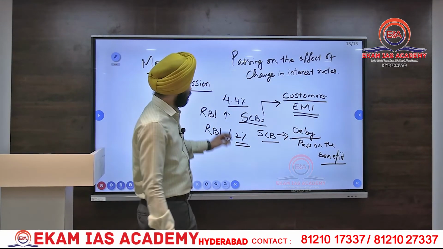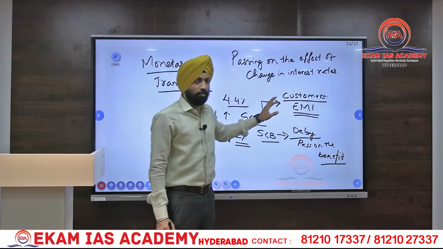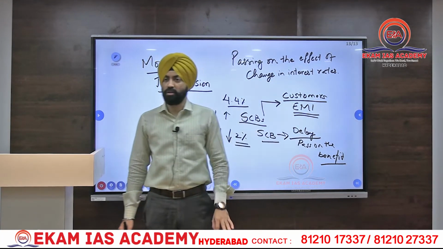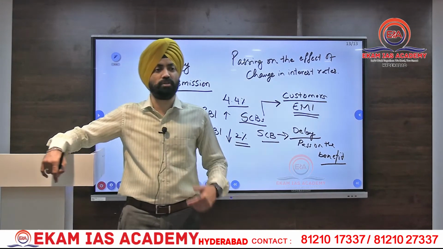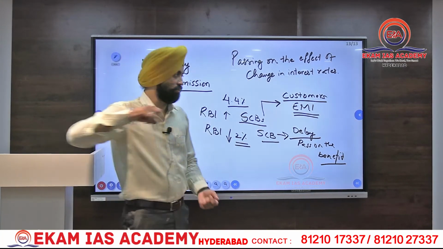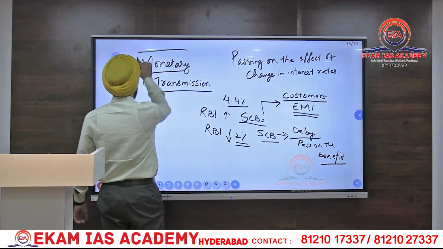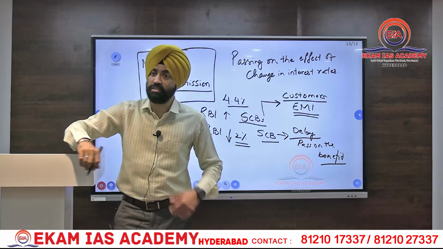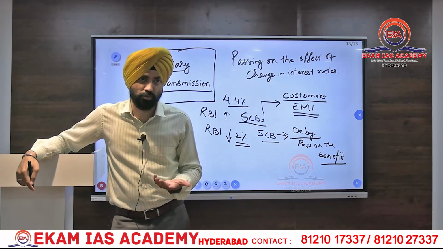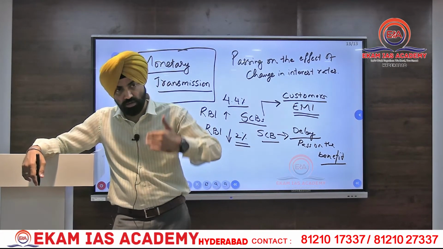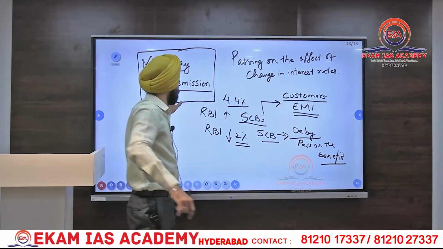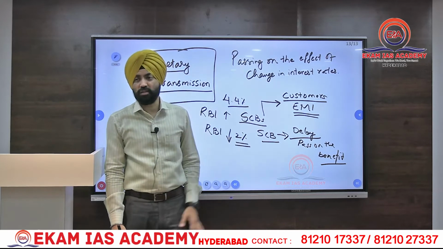So the banks are quick enough to pass on the burden, but they are not that quick to pass on any advantageous change in the interest rate to the end customer. So this is one of the biggest challenges of RBI, to ensure that monetary transmission is as real time as possible, especially when the interest rates are falling. So this entire process is called monetary transmission.